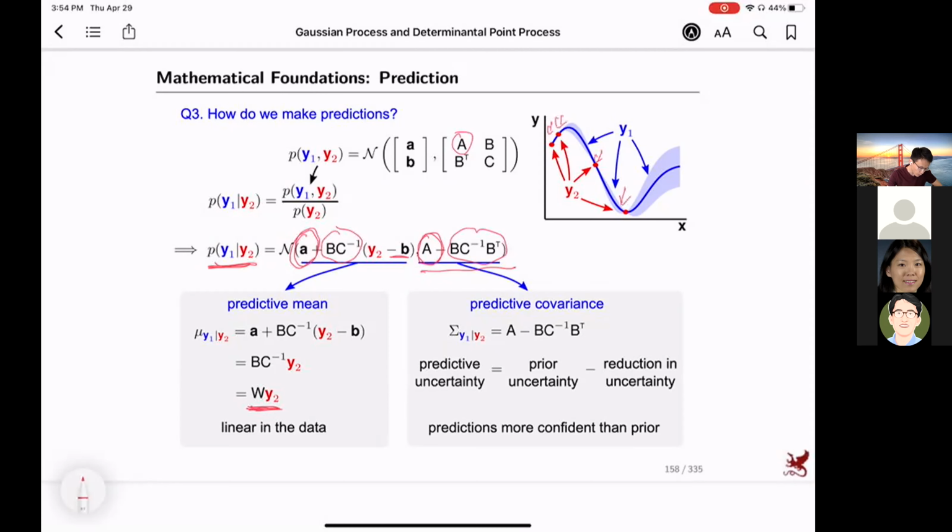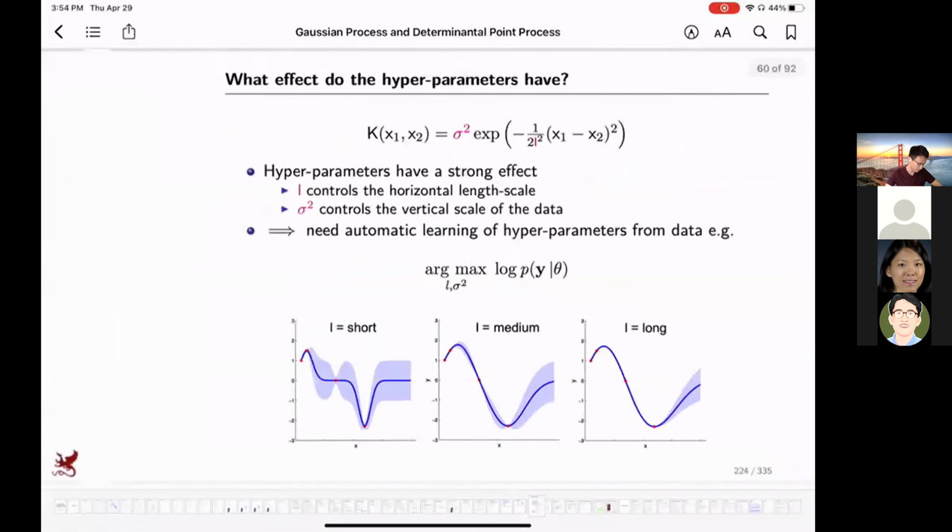Because these 4 points and the 3 unobserved points are correlated, I'm able to do some uncertainty reduction, so I subtract something from my prior covariance. This is how we do the prediction. Once these 3 test points come, all 7 points become a joint distribution, and then I use the conditional Gaussian to figure out these 3 unknown points.